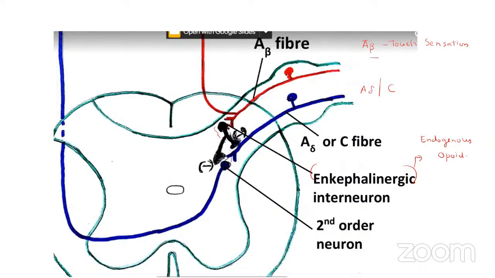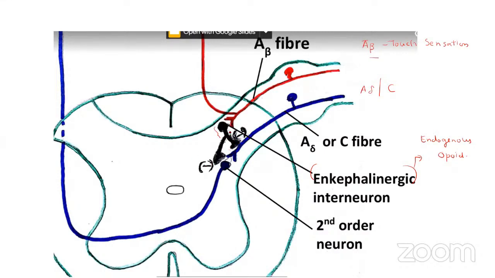So this is the gate where we can see encephalinergic neurons which inhibit pain fibers. This is what happens in case of acupuncture.